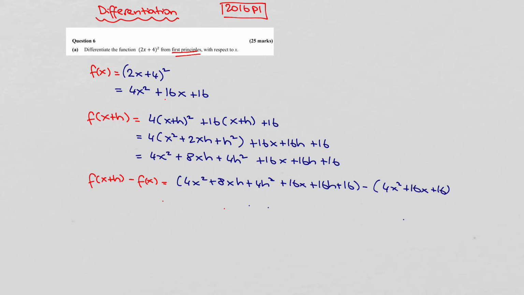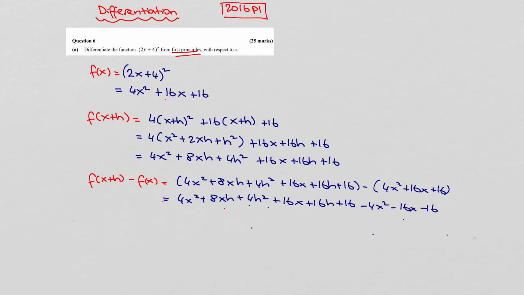If I get rid of my brackets, I have 4x squared + 8xh + 4h squared + 16x + 16h + 16, and then minus 4x squared minus 16x minus 16.